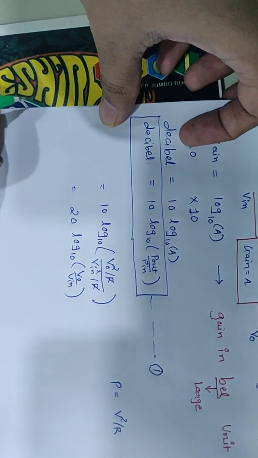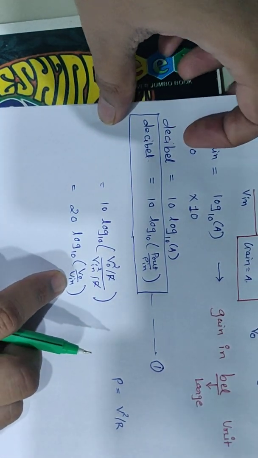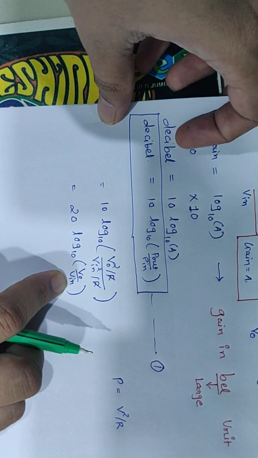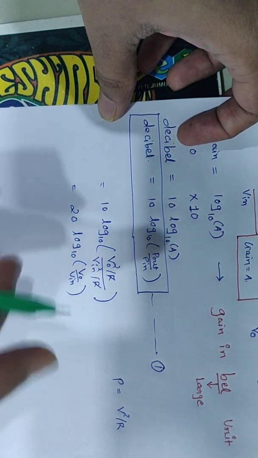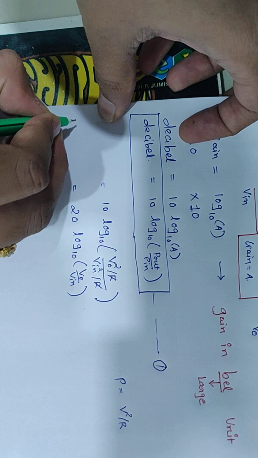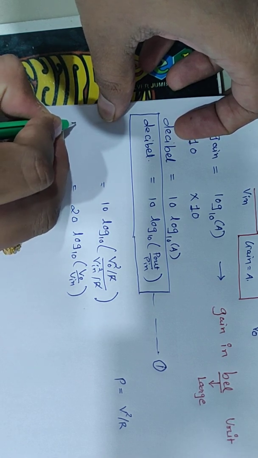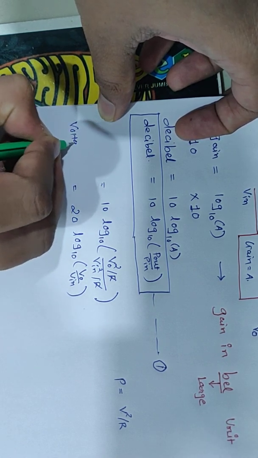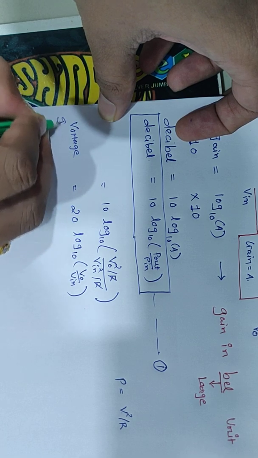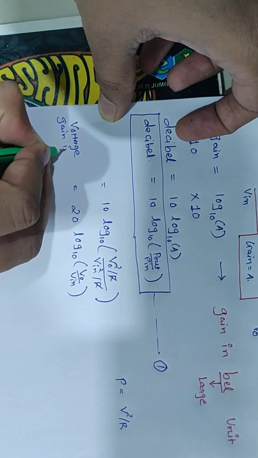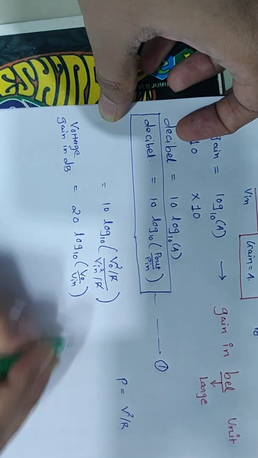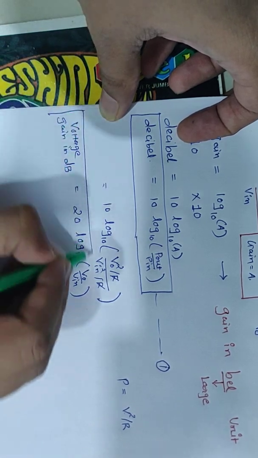Okay, so now the equation is converted into voltage gain. If we want to convert our voltage gain into dB, then this will be the equation.